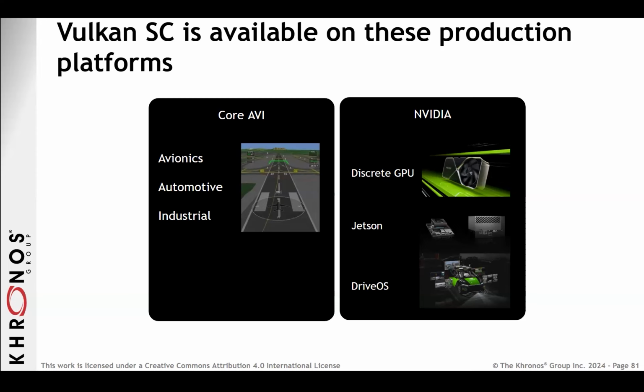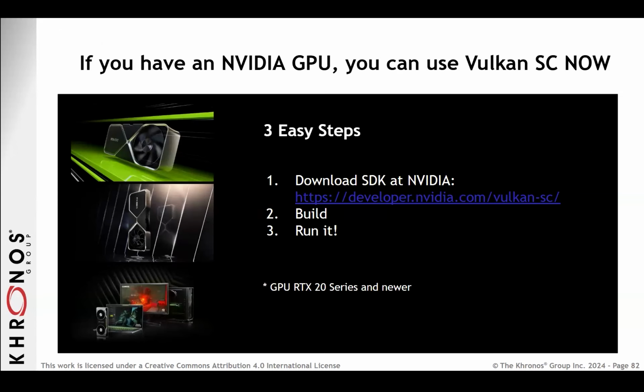It's also included in NVIDIA Jetson products and the Drive AGX products. Hammering this point home, you don't need an embedded device to start developing with Vulkan SC. If you have an NVIDIA desktop GPU card, RTX 2000 series or later, you can start today. Just follow that link for more information.